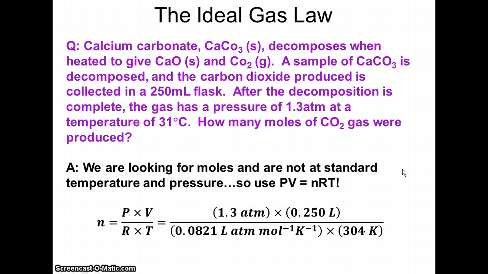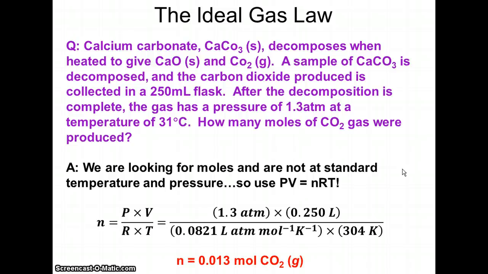Had we been working in kilopascals, it would have been perfectly acceptable to use 101.3 kilopascals for my pressures or whatever, and then use 8.31 liter kPa per mole Kelvin. That would have been perfectly acceptable. There are several values of R in your charts on your AP exam, so even if you come across something in torr, you can just look up the R value that's appropriate for that.